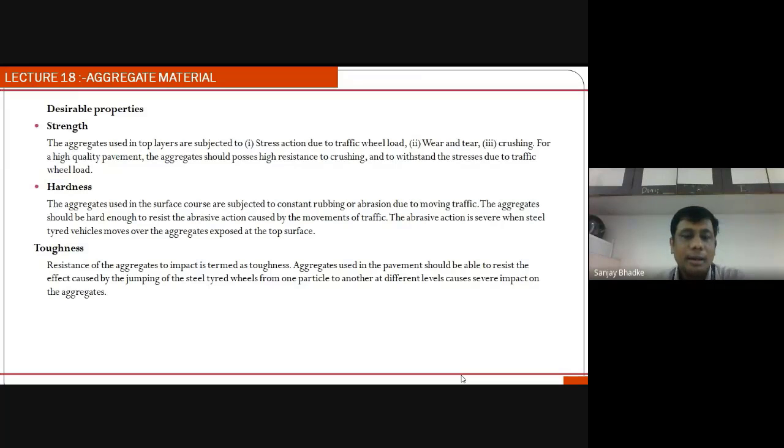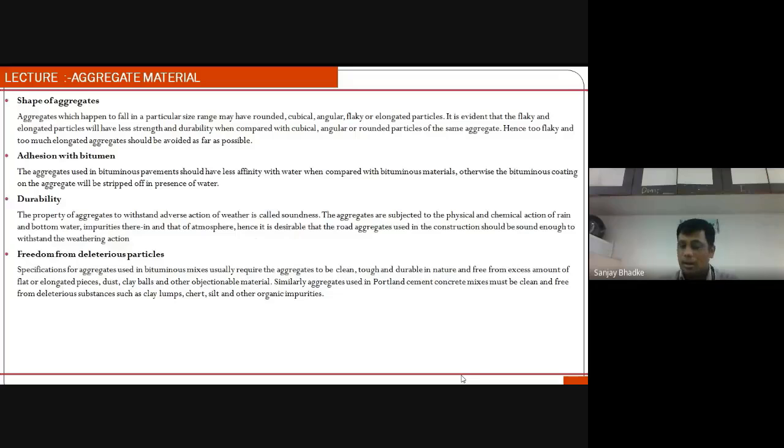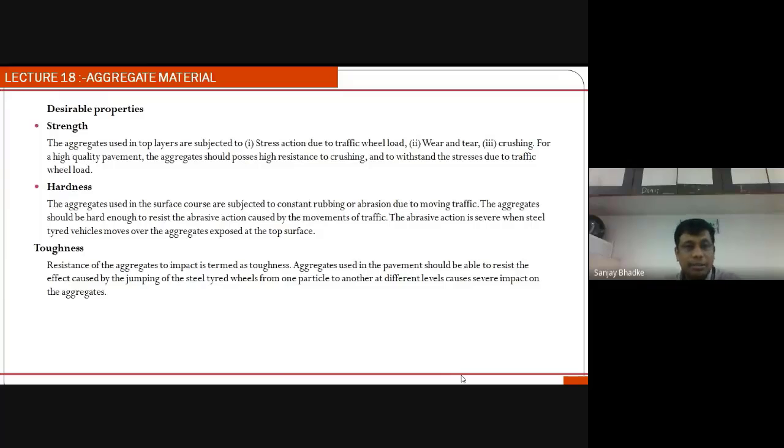There are some desirable, very useful properties. They include strength, hardness, toughness, shape of the aggregate, adhesion with bitumen, durability, and freedom from deleterious particles. So how is strength important? The aggregates in the top layer are subjected to stress.